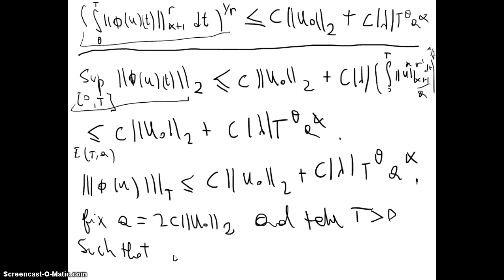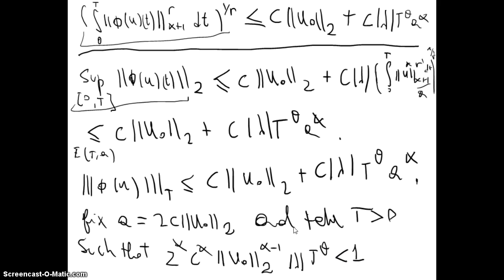okay, so if we include this here, 2 alpha, C alpha, mu naught 2, alpha minus 1, lambda T theta.